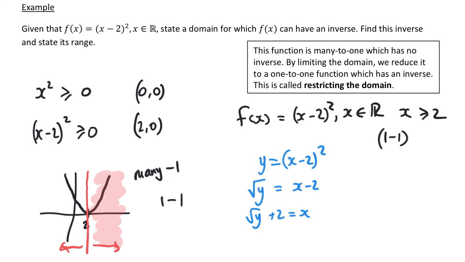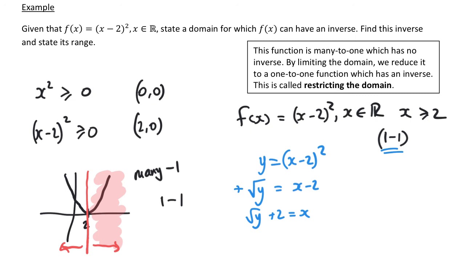Now, whenever we take the square root, technically we should have a plus or minus square root of y, but because this is a one-to-one function, and x being bigger than or equal to 2 is being mapped onto positive values, we're only going to consider the positive square root of y in this case.